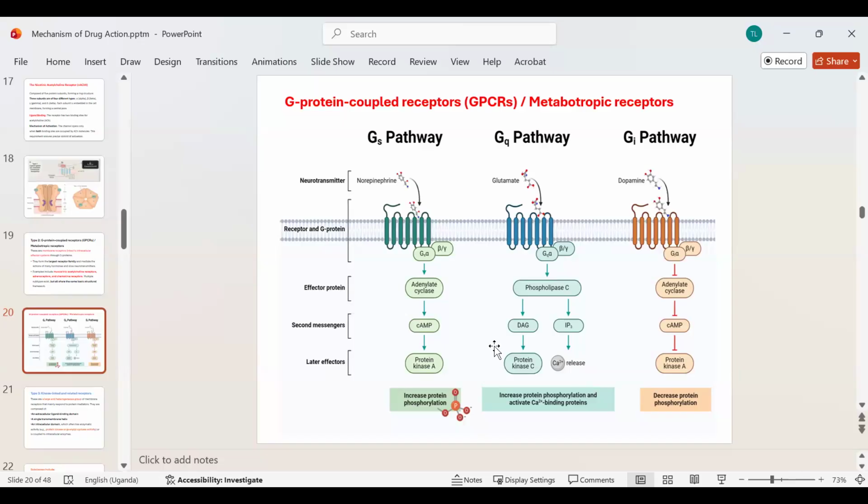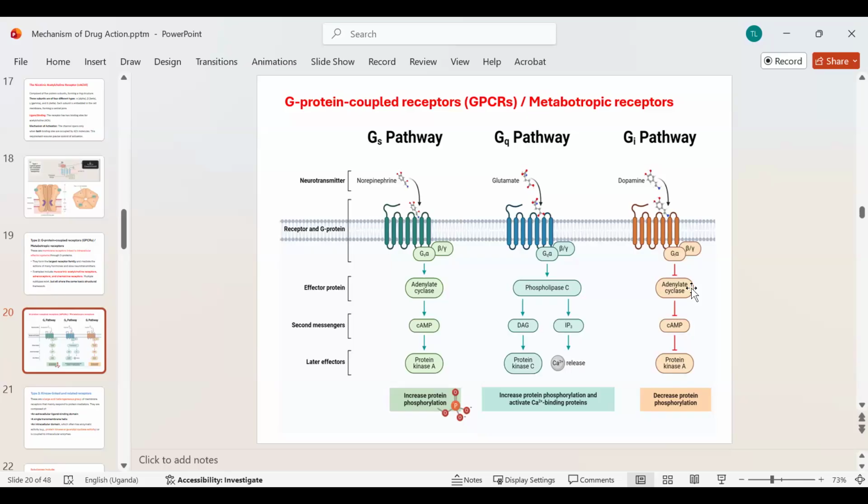So as you can see here, the effector protein, we are looking at a cascade of reactions happening in some receptors.